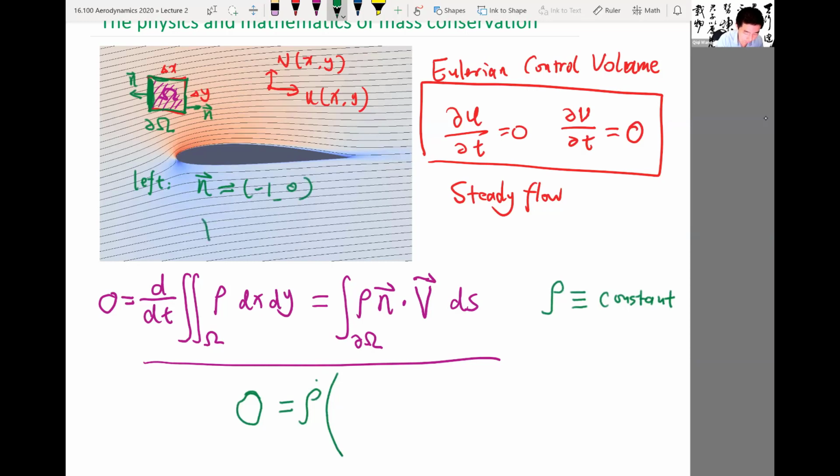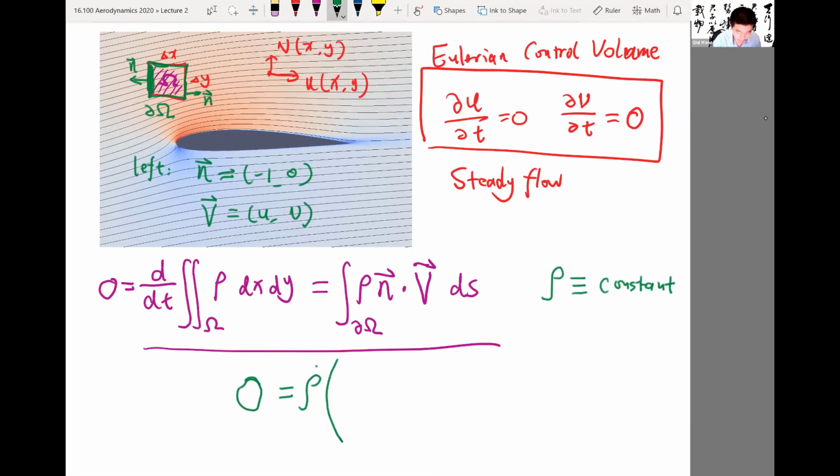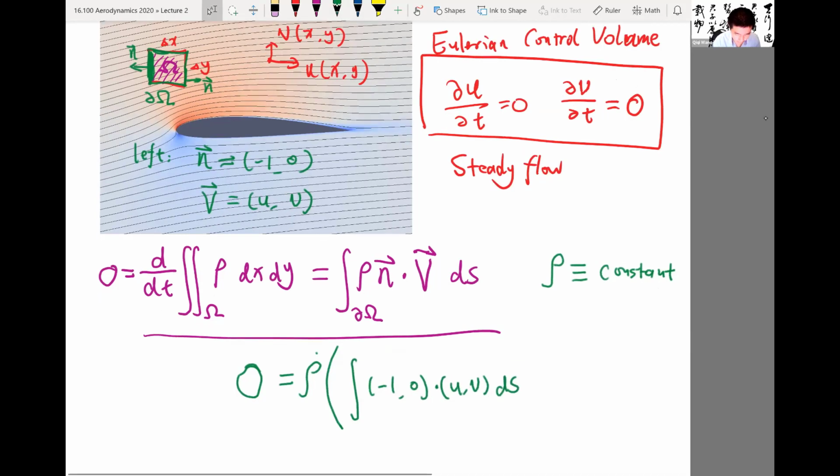And of course, my velocity vector is equal to u and v. So the integral on the left side is going to be -1, 0 dot with u and v, ds. So that's on the left side of the control volume.